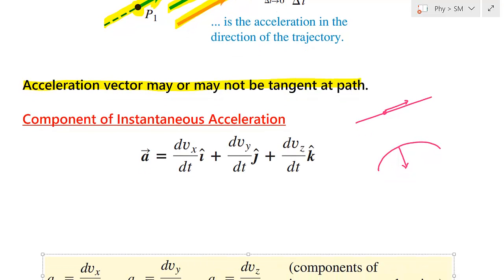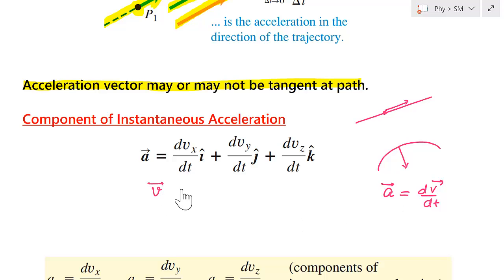So as I said, I can write acceleration is equal to dv by dt. So acceleration is nothing but dv by dt and v is the velocity. Now I can write velocity something like this: vx i cap plus vy j cap plus vz k cap. That is, in Cartesian coordinates I can write velocity something like this.